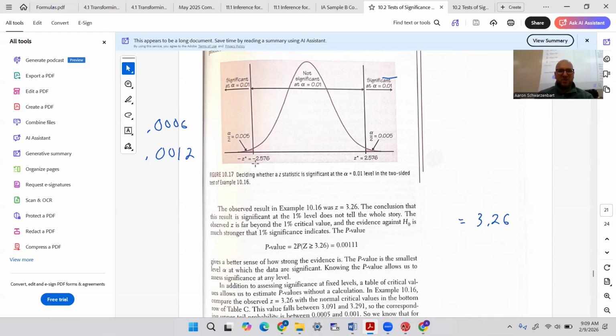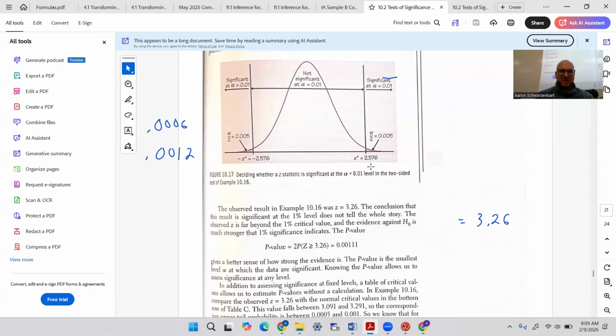What you can sometimes do is, do you guys remember the negative 2.576 being the Z star for the 99% confidence interval? 0.01 two-sided goes with a 99% confidence interval. 0.01 one-sided would go with a 98%.